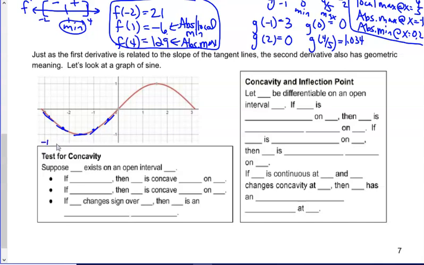I'm just guesstimating some slopes. What's happening as I go along the x-axis? Those slopes are increasing. So here, f prime increases. So the slopes of the tangents basically increase as x increases.